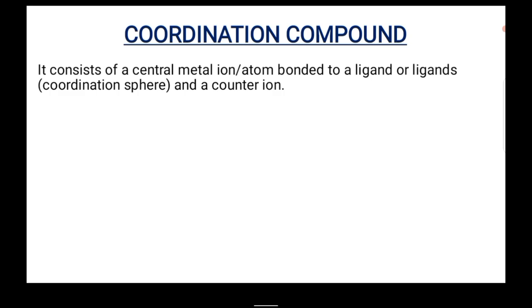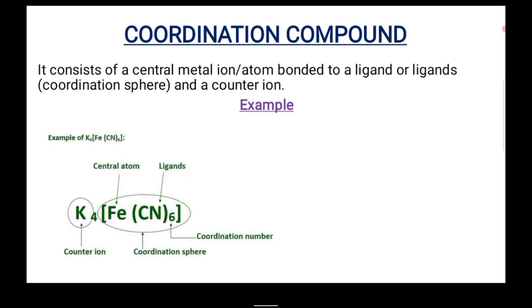I think today we have learned a lot. For example, we have seen the counter ion is potassium. We have iron and the cyano ligand, so we have the central atom, the ligand and the counter ion.